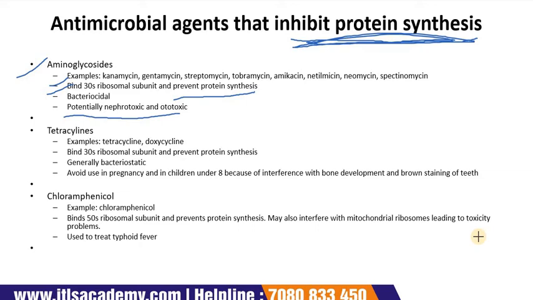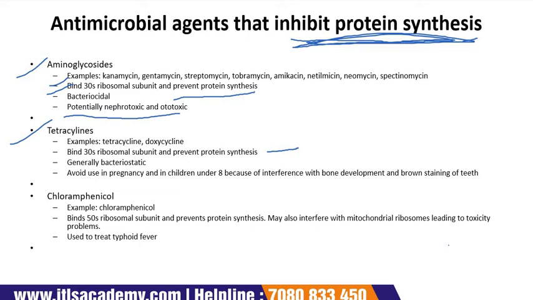Okay, the next is your tetracycline. It includes the examples tetracycline and doxycycline. They also bind the 30S ribosomal subunit and prevent protein synthesis.